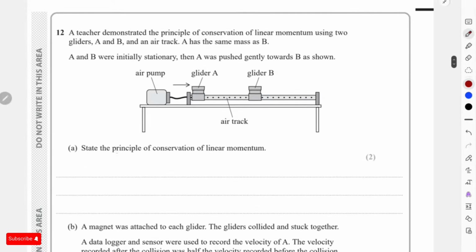For this question 12a, it just wants you to state the principle of conservation of momentum, right? That is the basic definition that total momentum before collision must be equal to total momentum after collision, provided that no external force acts onto the system.